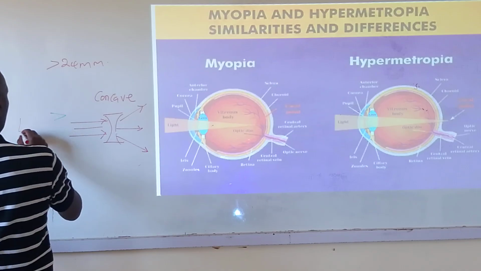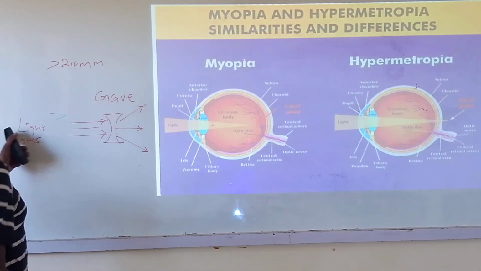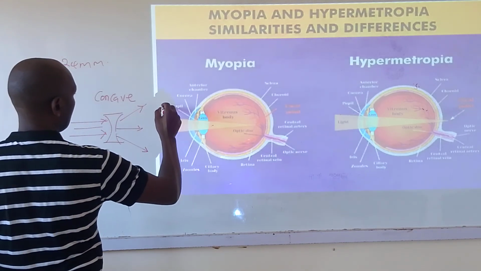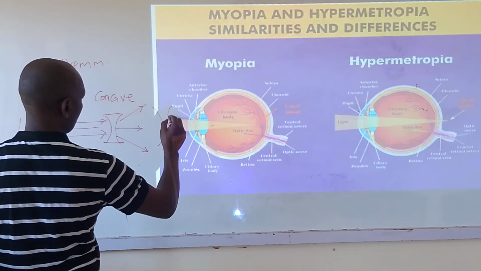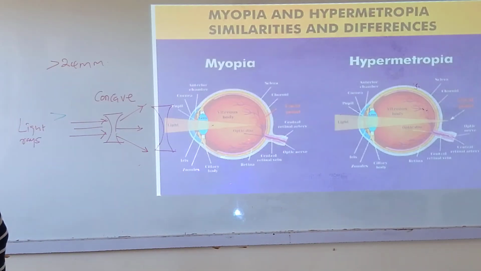So these are the light rays. When the light rays get into a concave lens, the spectacles you wear here, which are now concave, they will diverge this light.